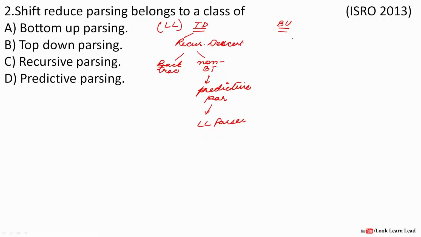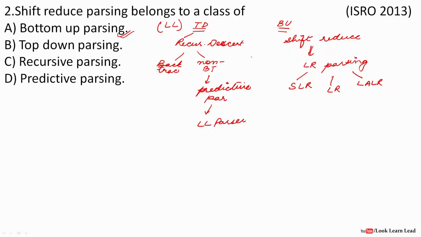Now let's see what is bottom up. In bottom up, we have shift reduce parsers. So shift reduce parser is bottom up. These shift reduce parsers are also called LR parsing, and this LR parsing is further divided into three, that is SLR, LR and LALR.